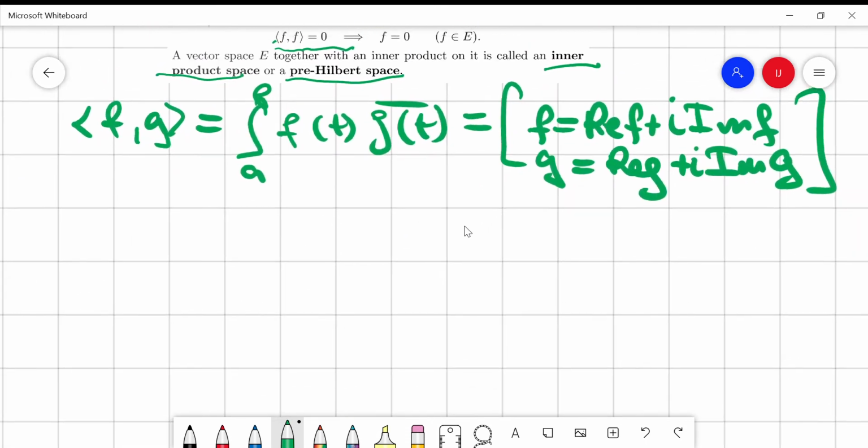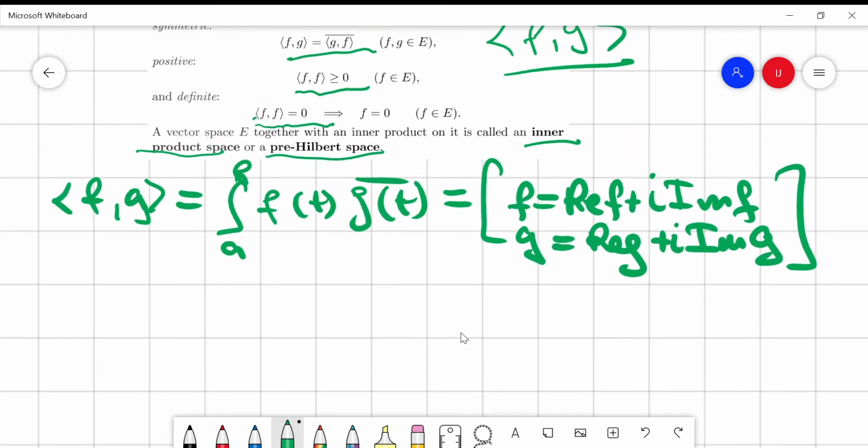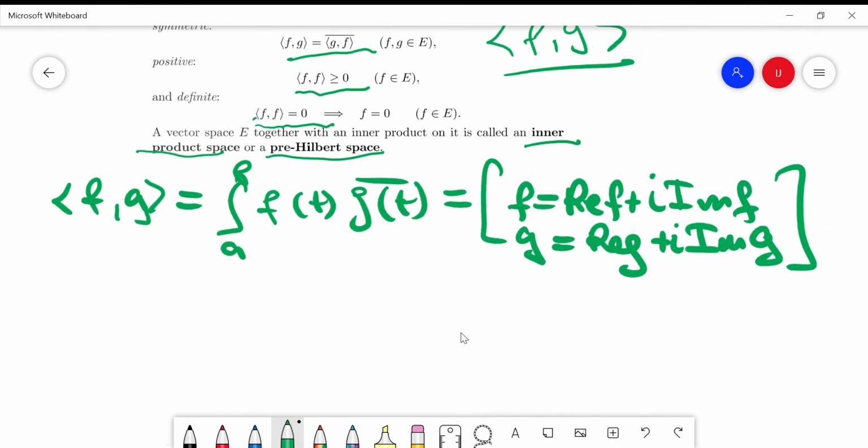Okay. So now if we continue, we can put this form into the equation here.